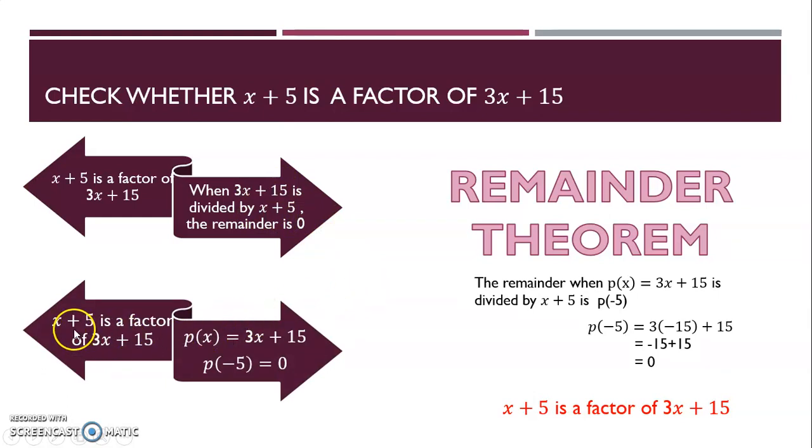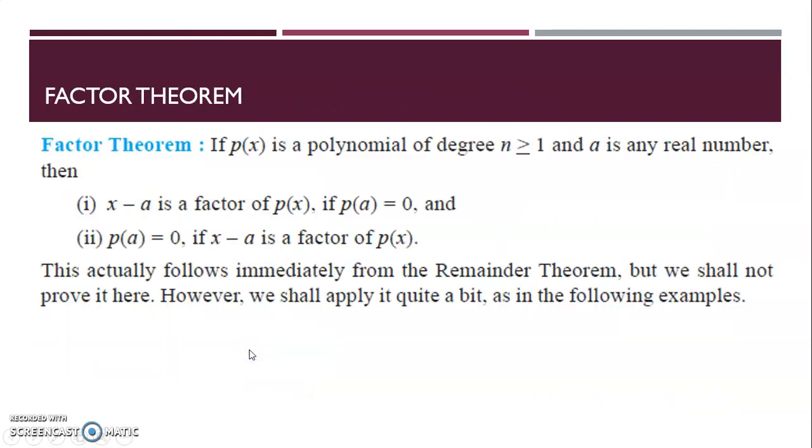So to check whether x plus 5 is a factor of 3x plus 15, all I have to do is find the 0 of x plus 5 and substitute it back in the place of x in 3x plus 15. This brings us to a theorem called the factor theorem.